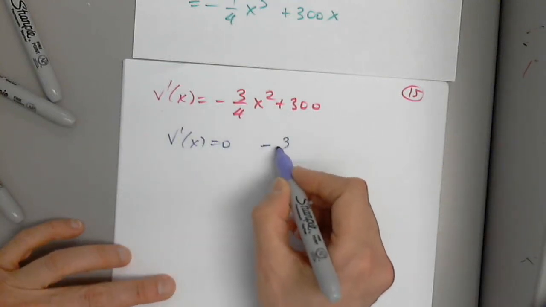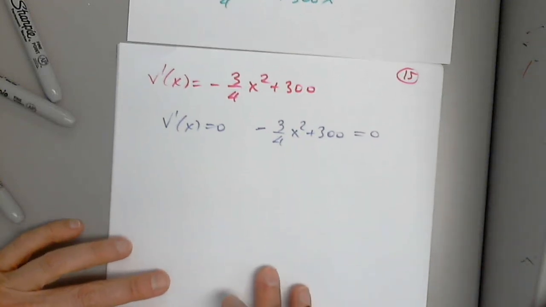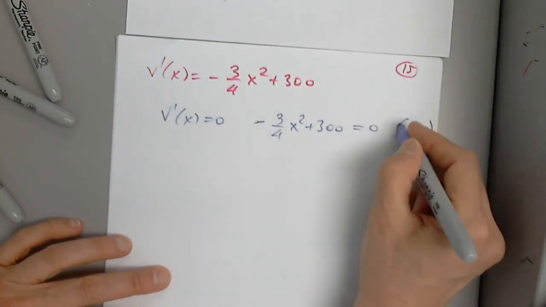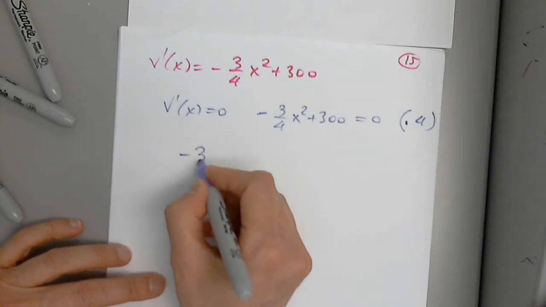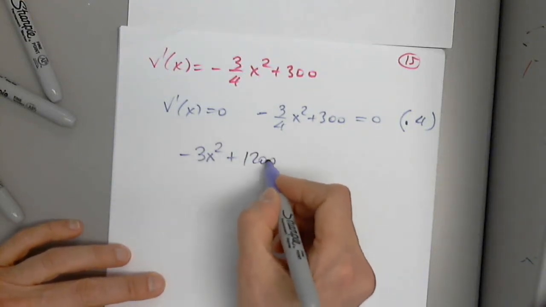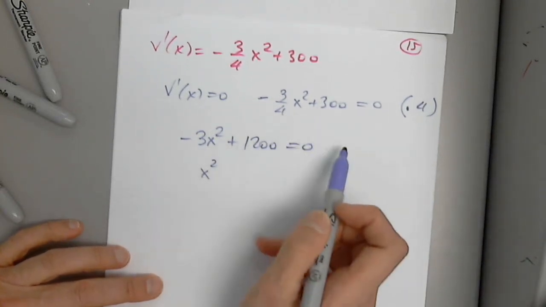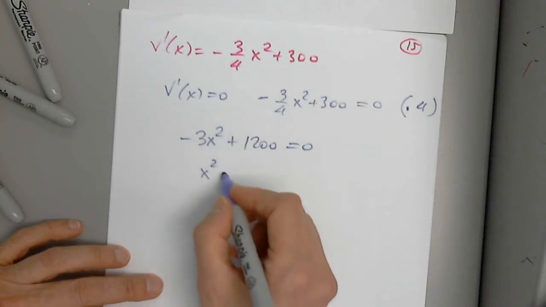So negative 3/4 x squared plus 300 equals 0. I multiply everything by 4: negative 3x squared plus 1,200 equals 0. And I get that x squared equals negative 1,200 over negative 3, which is 400.